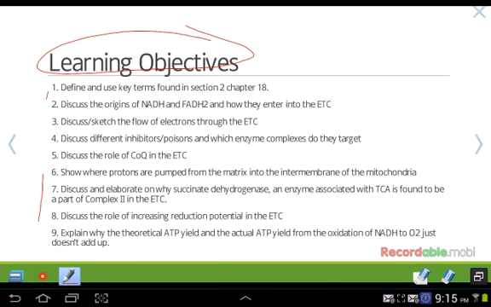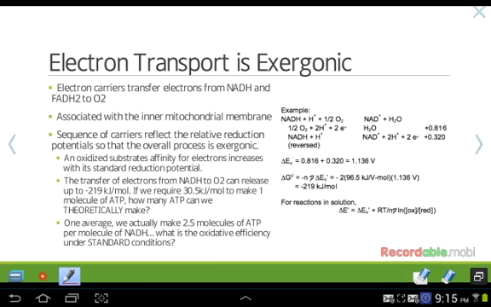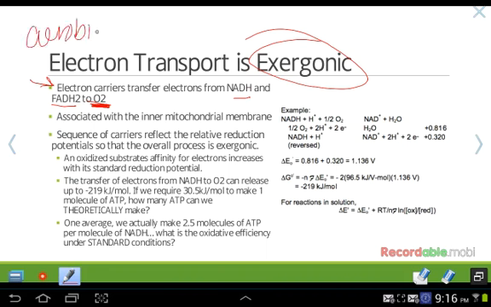Alrighty, continuing on. So the first thing to know, obviously, is that the electron transport chain is exergonic. If it wasn't exergonic, we wouldn't be making ATP, would we? So, as you can see, electron carriers, such as NADH and FADH2, carry electrons to our end electron acceptor O2. So this is obviously a part or near the ending of aerobic respiration.